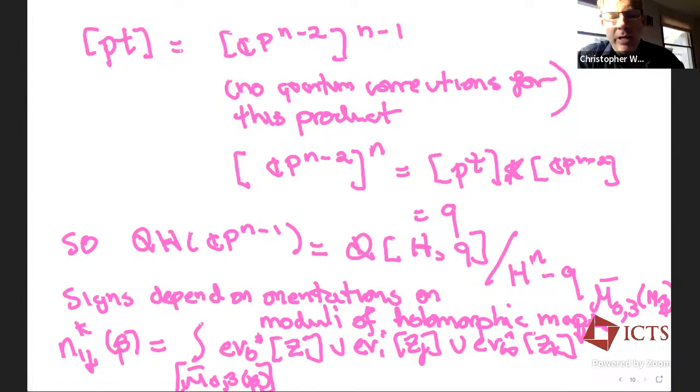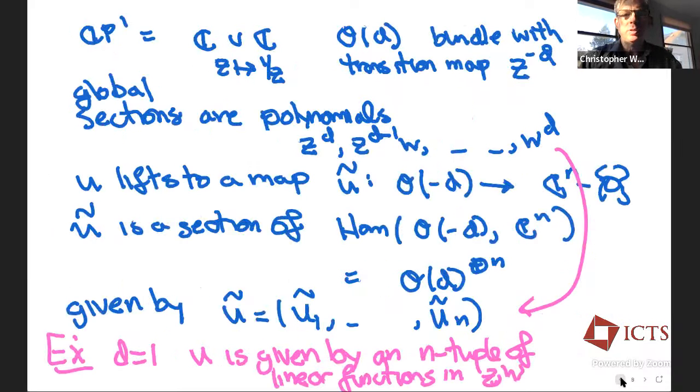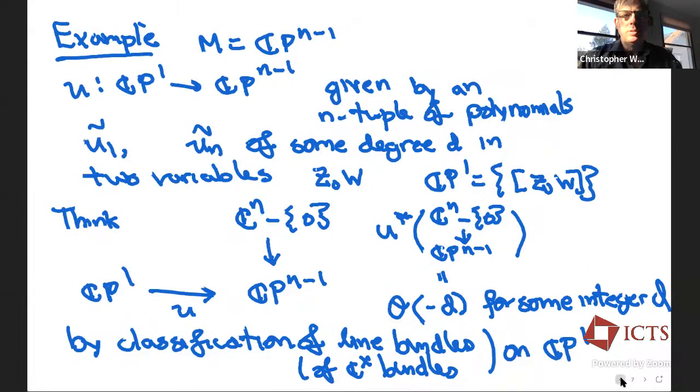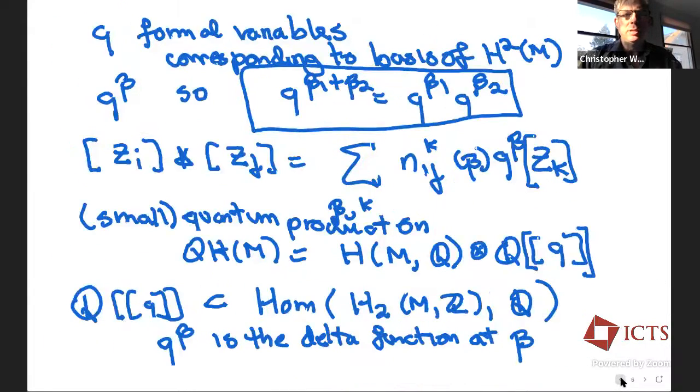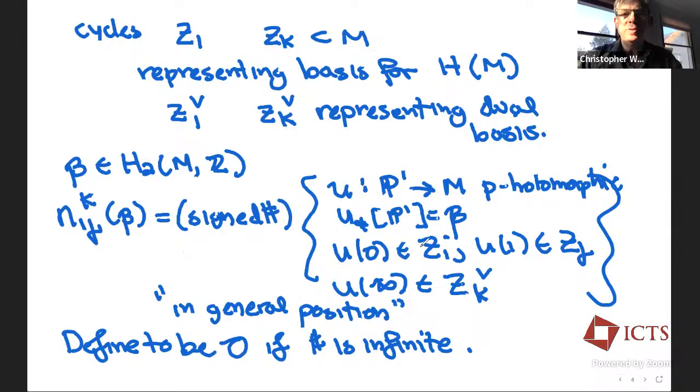On the previous slide, I wanted these Z_1 up through Z_k to be representing a basis for H of M. That means I'm really taking oriented cycles, so that they represent homology classes. Does that make sense?